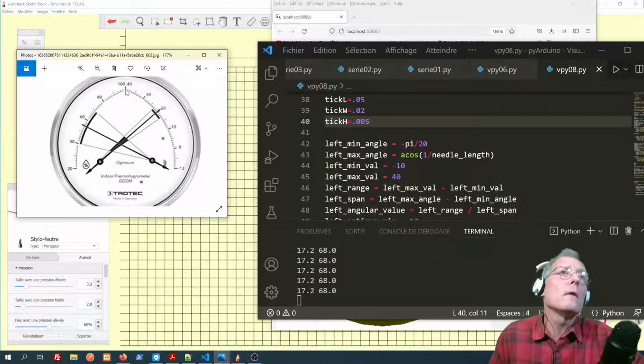If we go till 1/2 pi, 90 degrees, we would go too far, because 90 degrees would be vertical from the center here. So we have to compute this angle. What is the angle between the origin of the needle and the maximum position we have here?